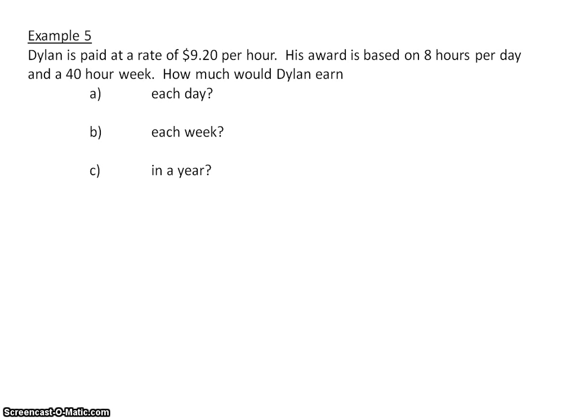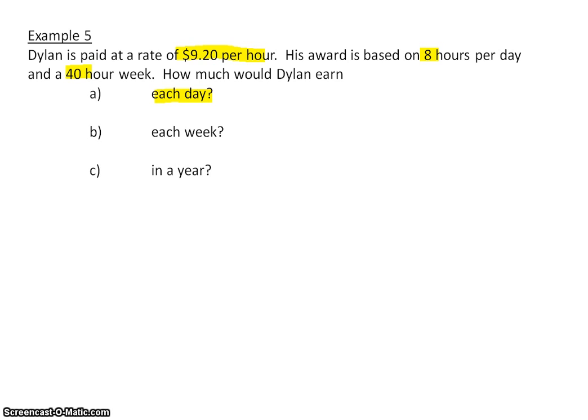So, example 5. Going through, we're going to label the key points in the question. Dylan is paid at a rate of $9.20 an hour, 8 hours a day, and a 40-hour week. How much does he earn per day? This is pretty nice, this question.